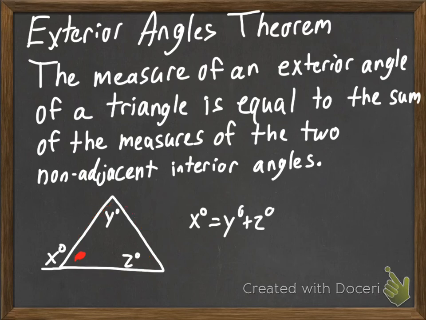So if this plus these two equals 180, and this plus that equal 180, shouldn't these two equal that? Yeah, it kind of makes sense when you think about it. So that's where we get this formula, that exterior angle equals the two non-adjacent interior angles. So the two angles that it's not beside.